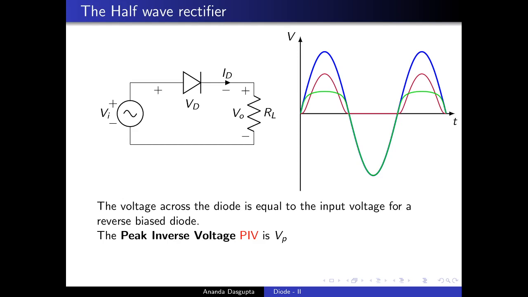Now, strictly speaking, this is a misleading use of the term peak inverse voltage. The peak inverse voltage for a diode really means the maximum voltage you can safely apply in reverse across a diode. While we did say that a diode does not conduct when it's reverse biased, that's true only up to a certain voltage.